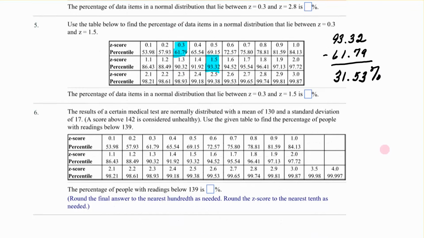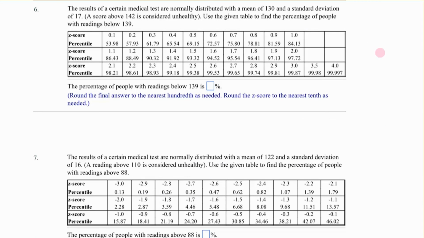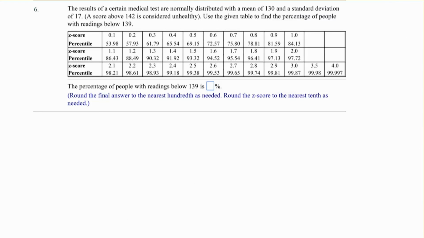All right, number 6, we're going to have to do a little bit more work. It says the results of a certain medical test are normally distributed with a mean of 130 and a standard deviation of 17. A score above 142 is considered unhealthy. Okay, so the higher the score, the more unhealthy you are, I suppose.